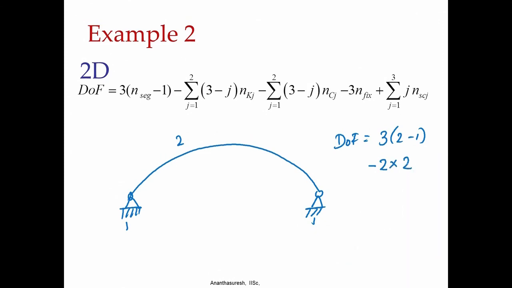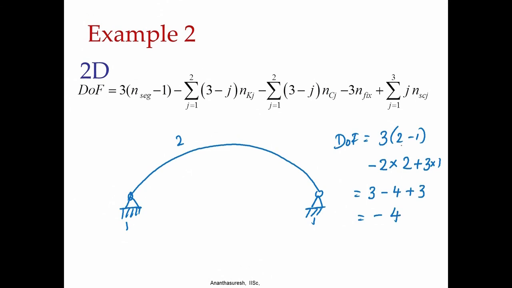There are no fixed connections here and segment compliance. If I take this as segment compliance 3, that will become 3 times 1. So, how many degrees do I get? I get 3 times 2 minus 1, that is 3, and we have minus 4 plus 3. This turns out to be minus 4 degrees of freedom, okay, that it has.